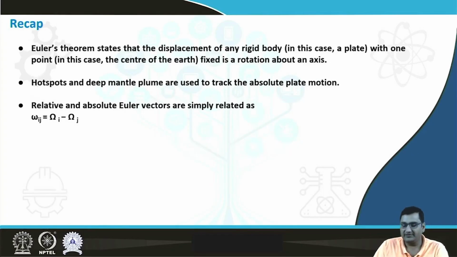Euler's theorem states that the displacement of any rigid body, a plate in this case, with one point, in this case the center of the earth, fixed, is a rotation about an axis. Hotspots and deep mantle plumes are used to track the absolute plate motion. The relative and absolute Euler vectors are simply treated as omega_ij = omega_i - omega_j.